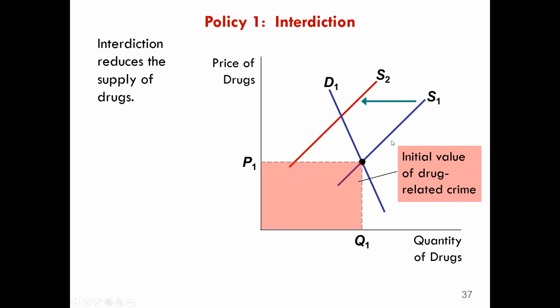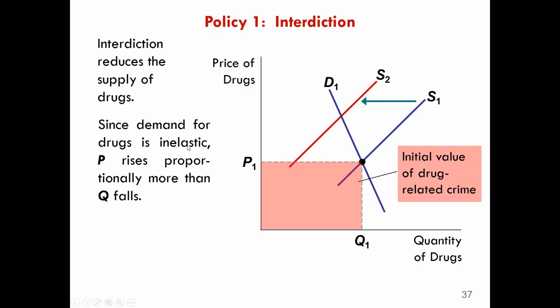And so you see that our supply curve will move inward. When it moves inwards, since demand for drugs is inelastic, the price is going to rise more proportionally than quantity will fall.